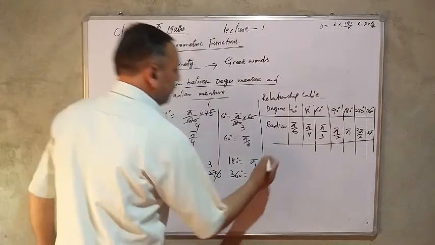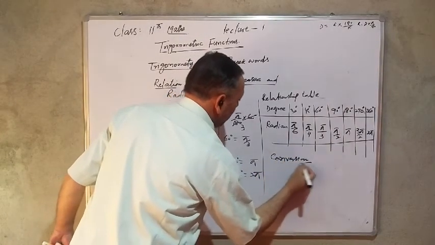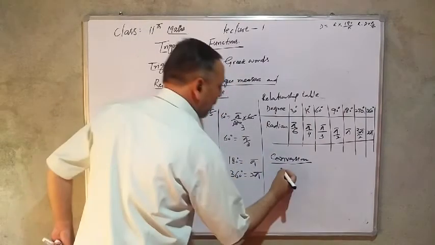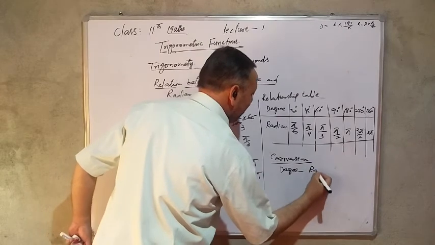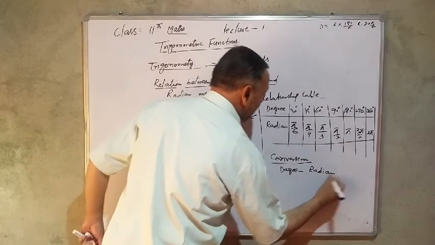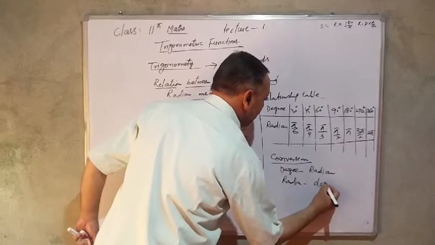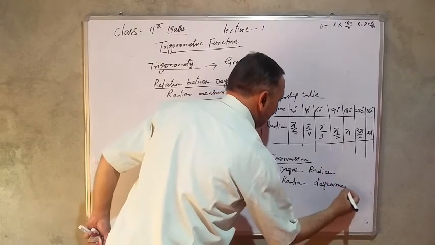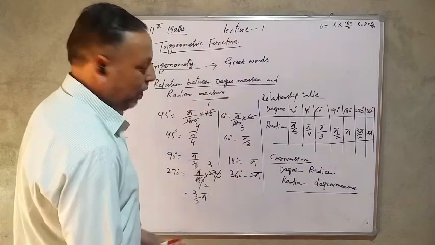Now, conversion. How to convert degree measure into radian measure, and radian measure into degree measure. I will give you the formula. You remember the formula.